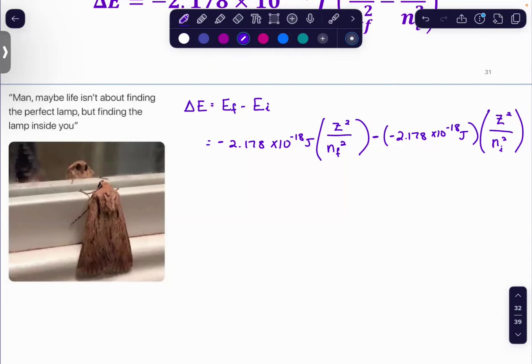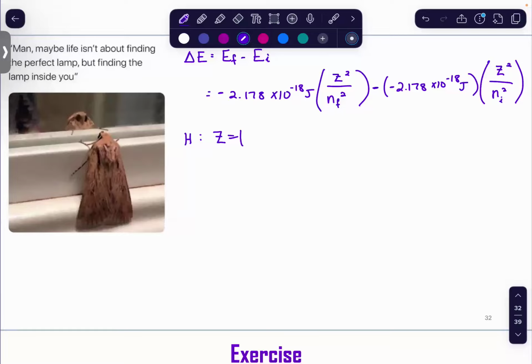And so we end up with our equation, because for hydrogen, Z equals 1. Bohr was studying hydrogen. So I'm going to pull out the negative 2.178 times 10 to the negative 18th joules, and you get Z squared over n final squared minus Z squared over n initial squared.